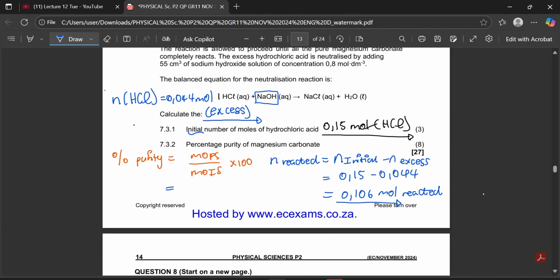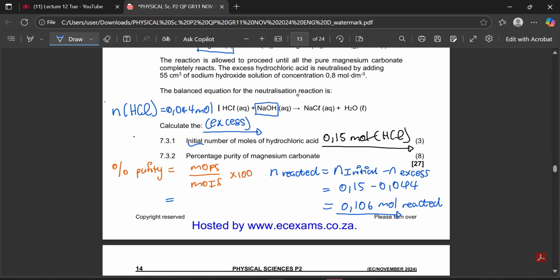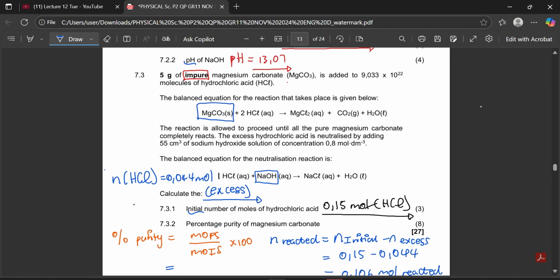Now, from here, we can determine our molar ratio of magnesium carbonate and HCl.